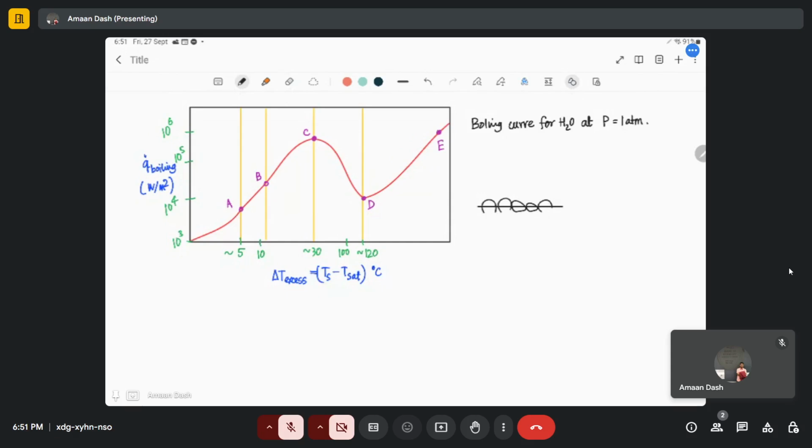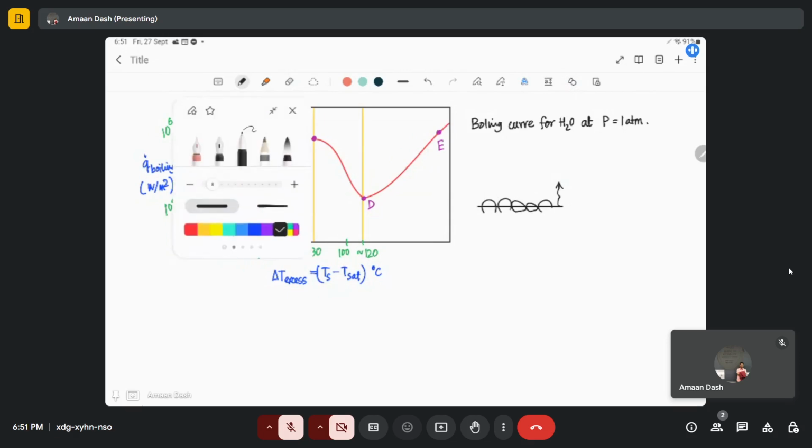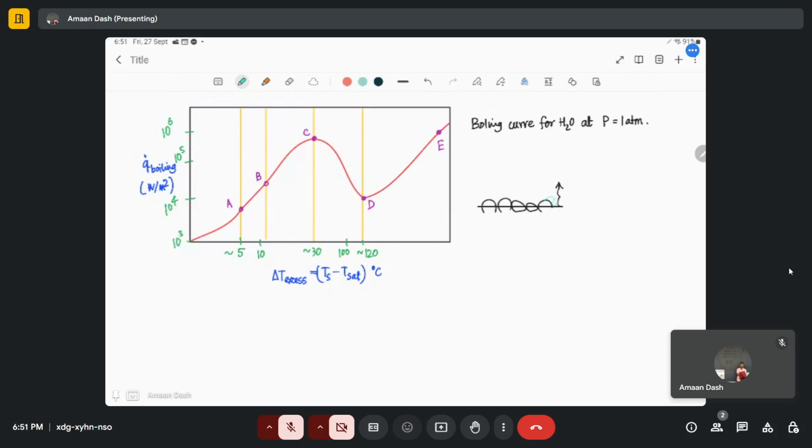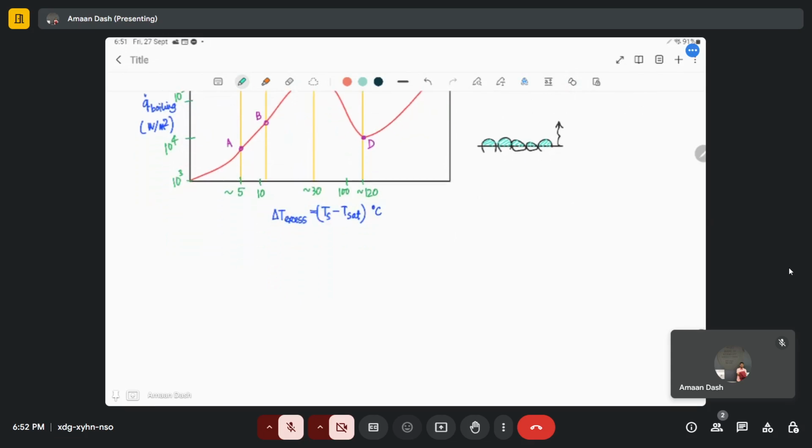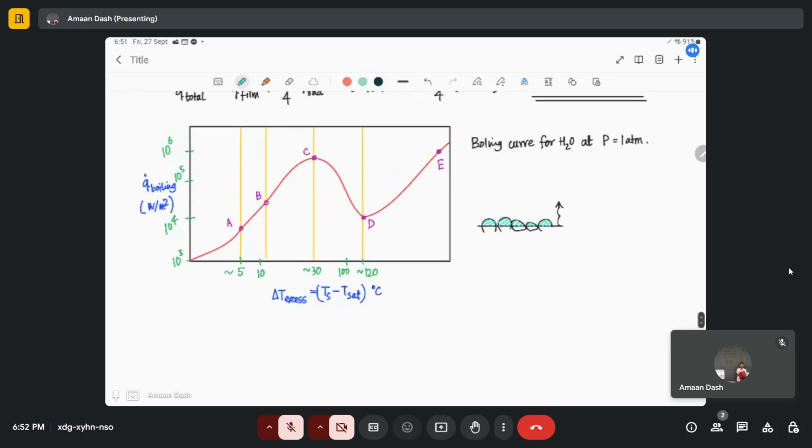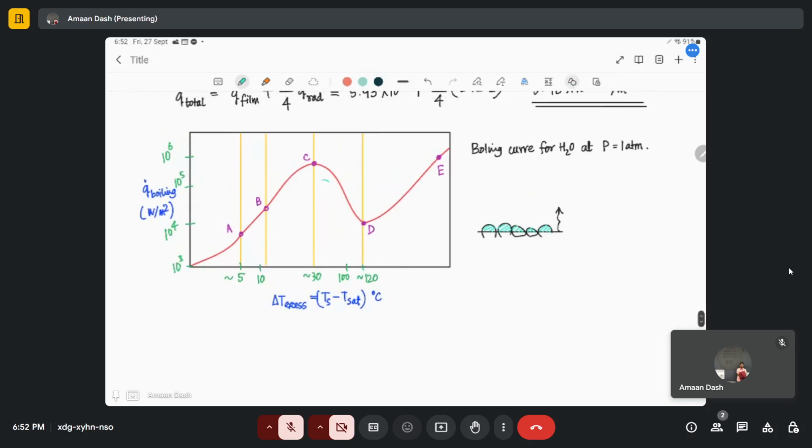So you see, they will block the heat transfer rate from the surface. Initially it was a high heat transfer coefficient, but now because of this particular medium that we have, the heat transfer coefficient of vapor is actually low, and therefore the heat transfer rate will also decrease. And that is why you see a decrease in this particular regime.